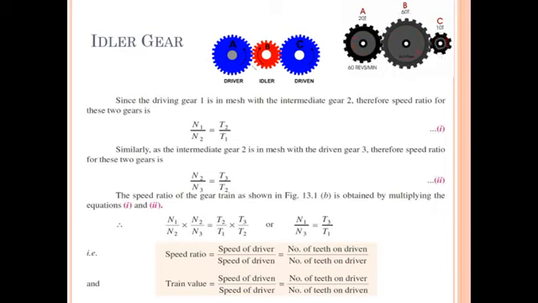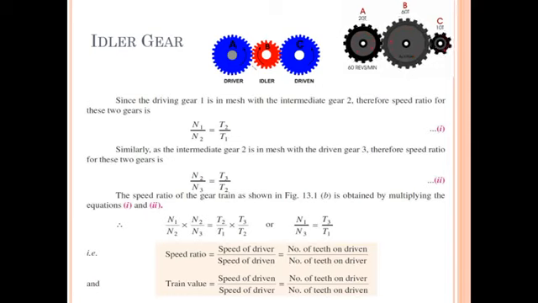In the first way, we can provide large size gears. Suppose in the figure A is the driver gear and C is the driven gear. If I have to transmit power from A to C, I can use the first method, where the two gears A and C are made of such a large diameter that both mesh with each other.